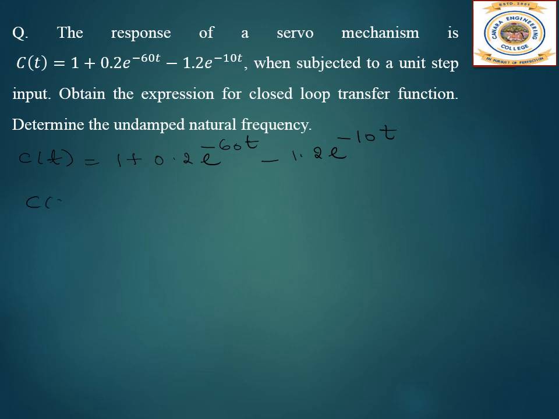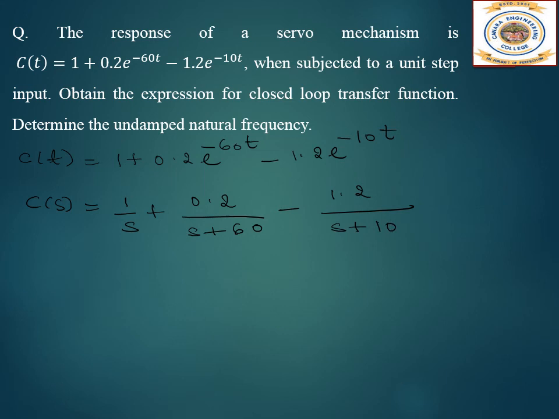So C of S, applying Laplace: 1 is 1 by S, plus 0.2. The Laplace transform of e power minus at is 1 by S plus a, so this is 1 by S plus 60, minus 1.2 times e power minus 10t, which will be 1 by S plus 10.